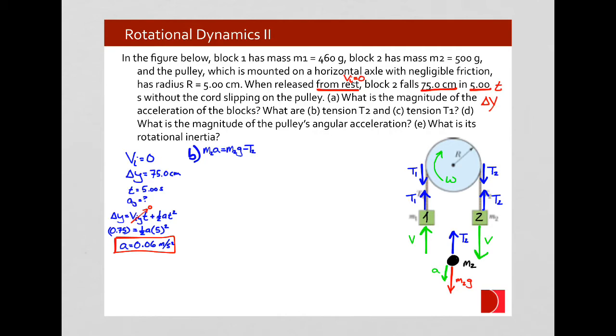If we rearrange terms, we see that T2 will be M2G minus M2A. In this case, M2 is our 500 grams, G is 9.8, and A is 0.06.